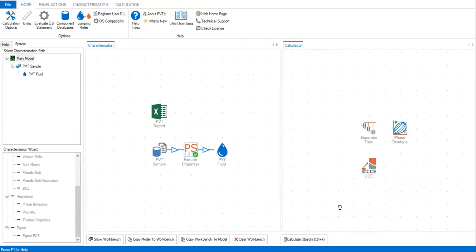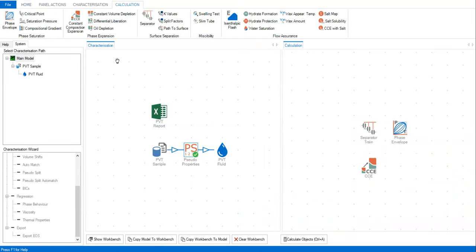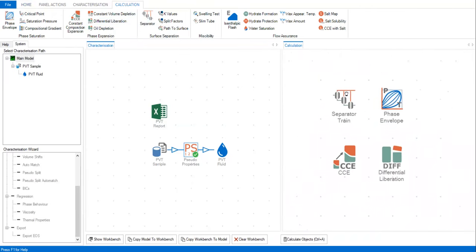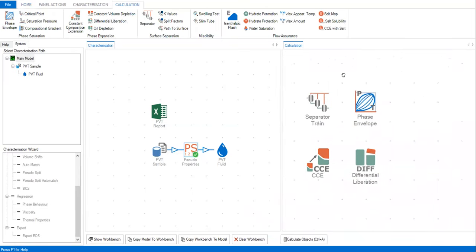So in this video, I'm going to focus on checking the quality of the matching for the differential liberation experiment, or differential liberation calculation. Okay, so to do that, I'm going to go to calculation, and here let's find the differential liberation, difflib, put it here. Okay, maybe I can move them all like this.